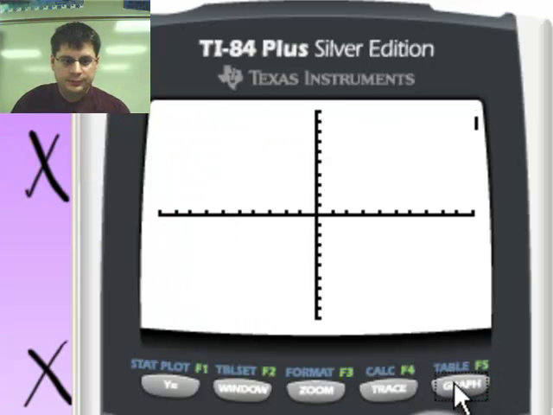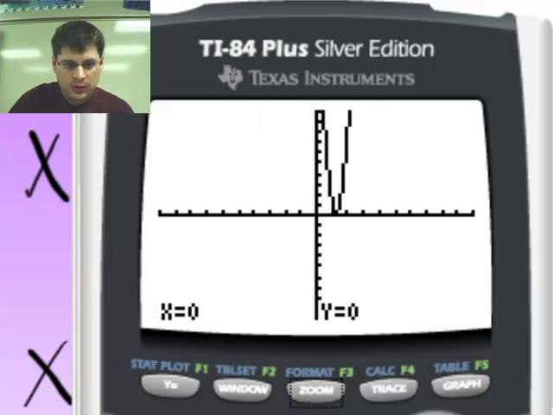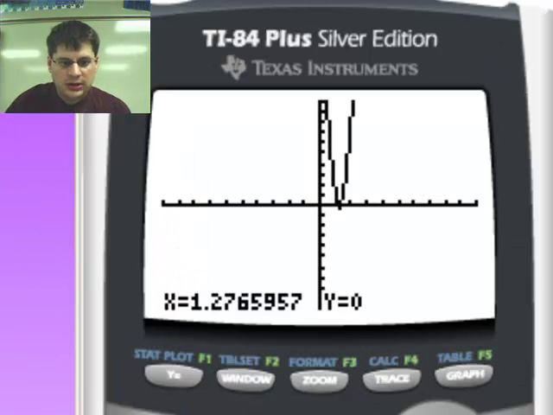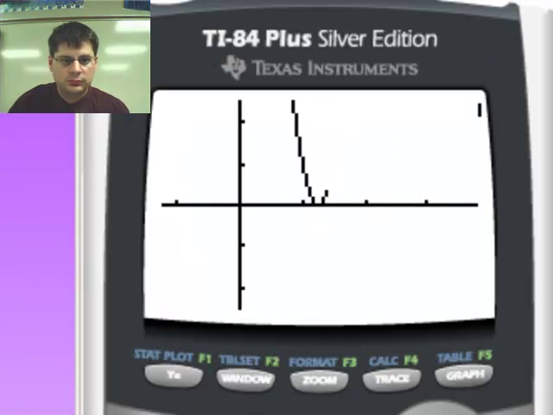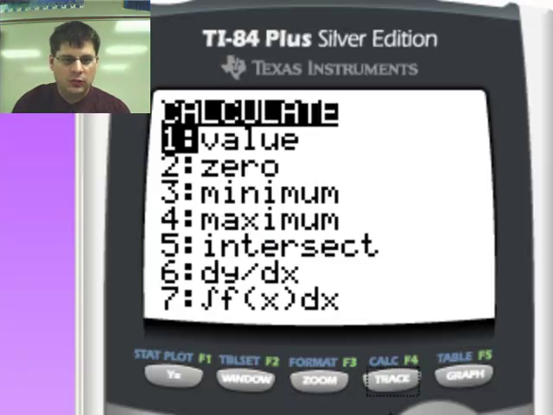I'll have my graph here. Okay, can't see that very well. I'm going to go ahead and zoom in on that. So option 2, and I'll move my cursor closer to the vertex and press enter. Okay, you can see that a little bit better. So let's see what it looks like. Just the vertex is touching the x-intercept.